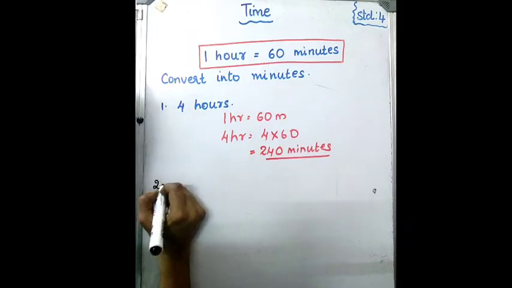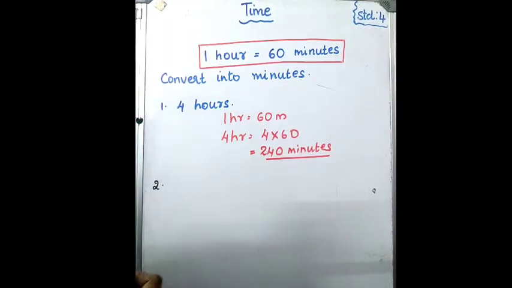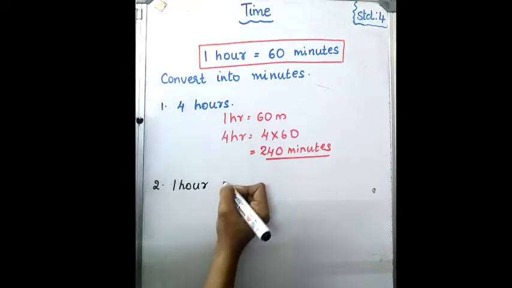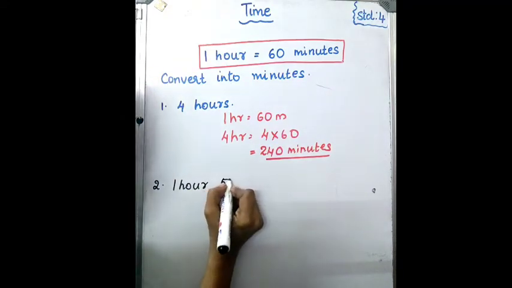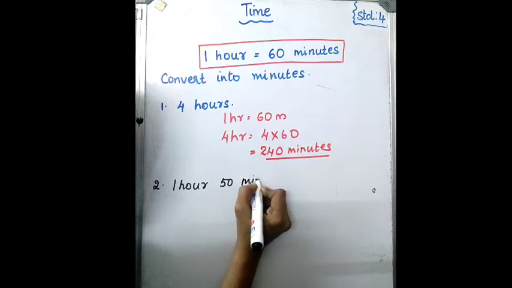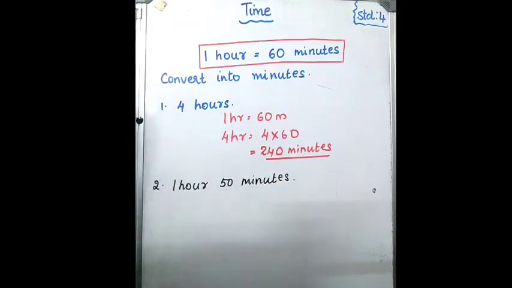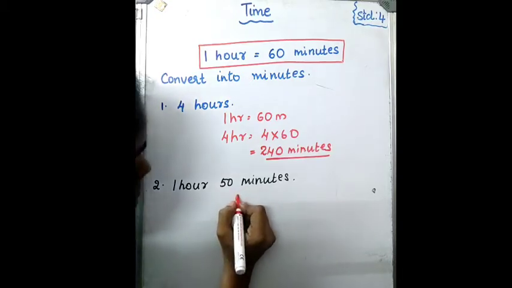Then second question. 1 hour 50 minutes. How will you convert? We know that 1 hour equal to 60 minutes.